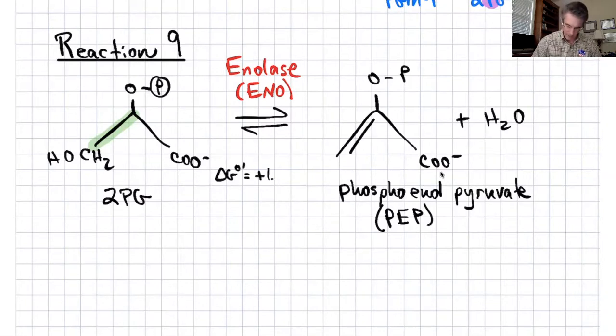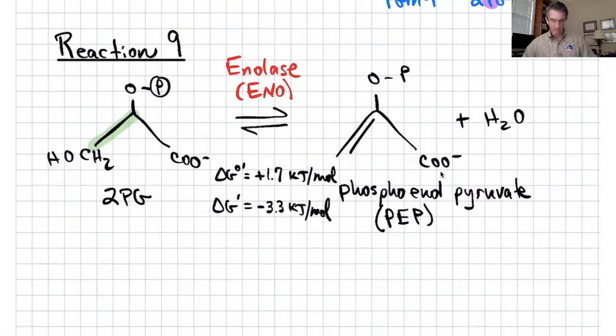This one's only barely unfavorable, plus 1.7 kilojoules per mole, right? But under cellular conditions, by depleting the PEP pool, of course, here's that theme again, we pull the reaction in the forward direction, in the glycolytic direction, minus 3.3 kilojoules per mole, right? All right. So that's how we get this reaction to go.